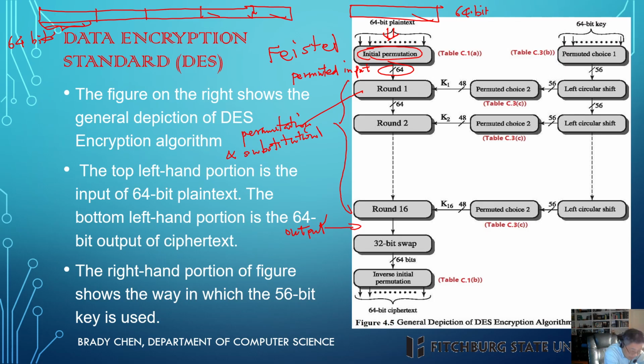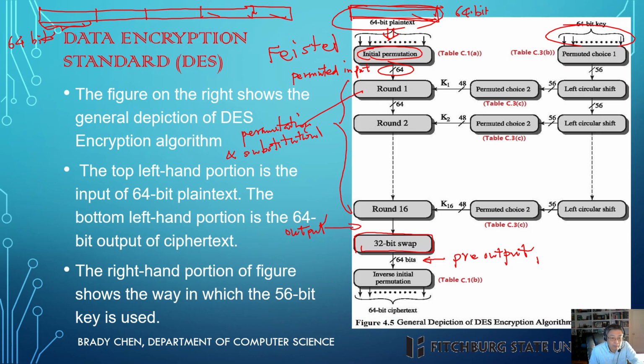So the output is a function of the initial input and also the key. After this, the left and the right halves are swapped to produce the pre-output. That's called a 32-bit swap.